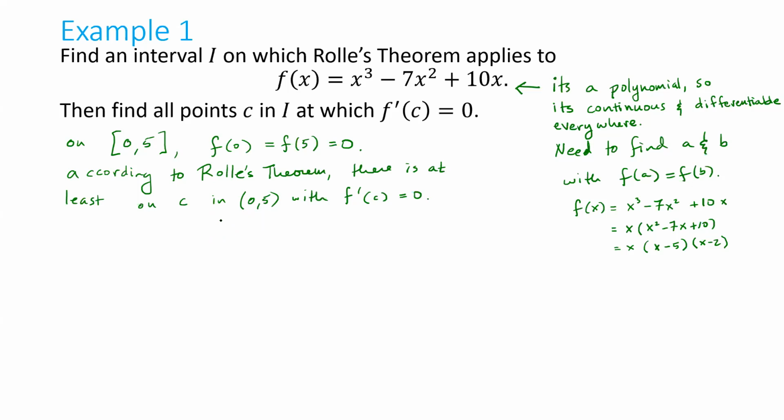So that's what we want to do for this question: find all points in that interval where f prime of c is equal to 0. So we'll take f prime now, which is 3x squared minus 14x plus 10. Set this equal to 0 and let's try to solve for x.